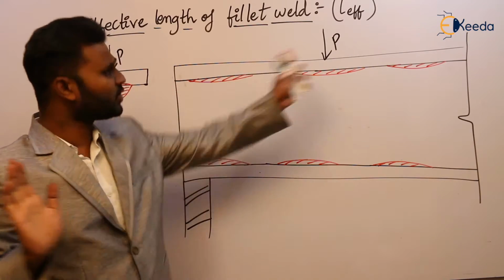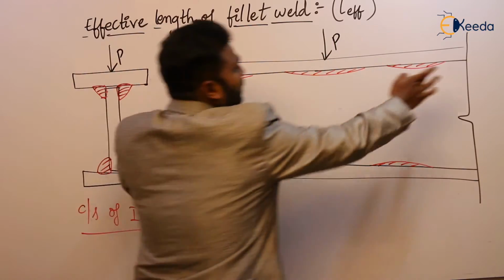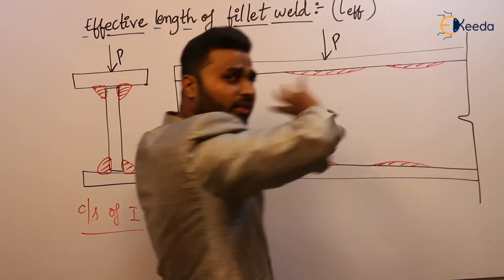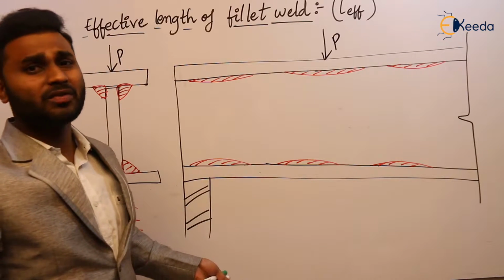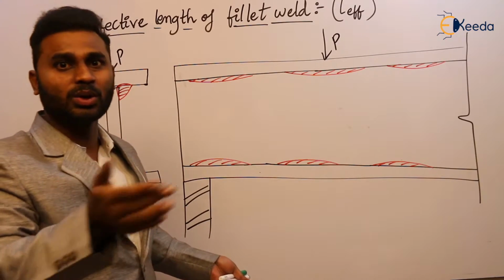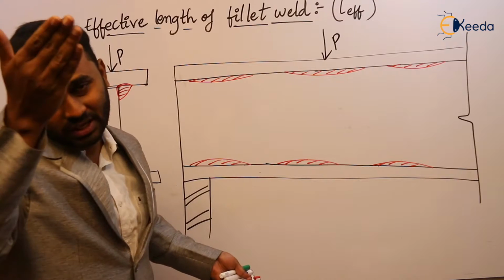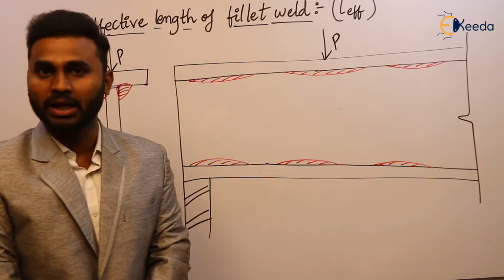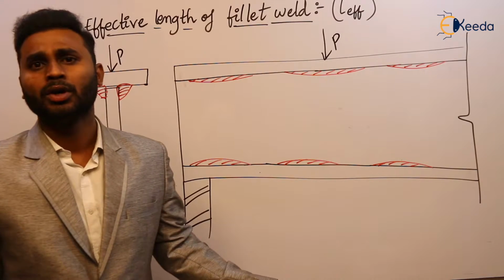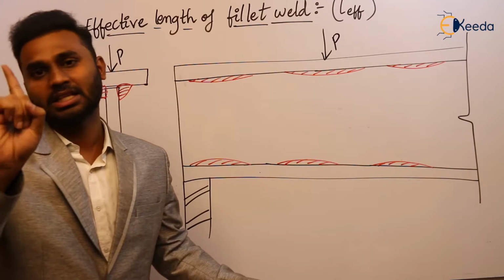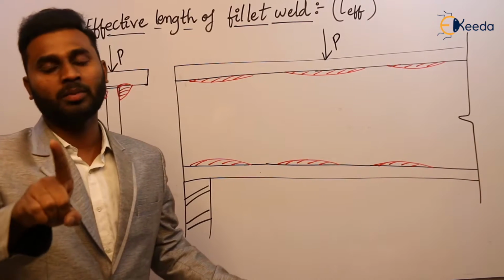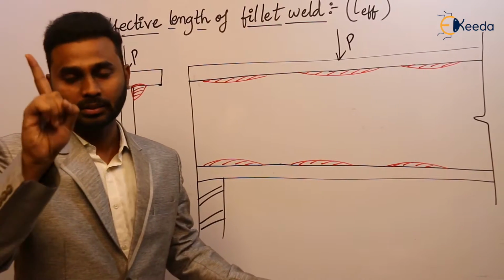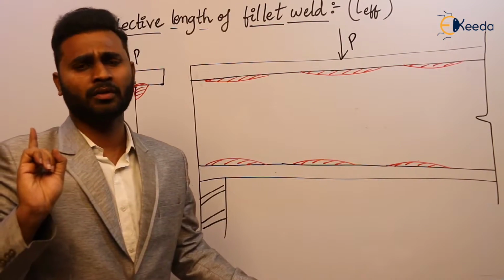But we can provide continuous weld also. It means from end to end, throughout the length, we can provide weld, but that is not required. Even in the practical case, the weld is not always continuous. We are going to observe discontinuous or intermittent weld only, from the economical point of view. Strength is the first point; after that, the economical or financial aspect comes into the picture.